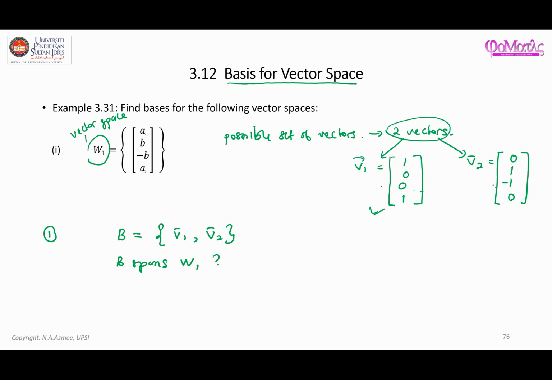In order to do that, let's consider combining these 2 vectors together.